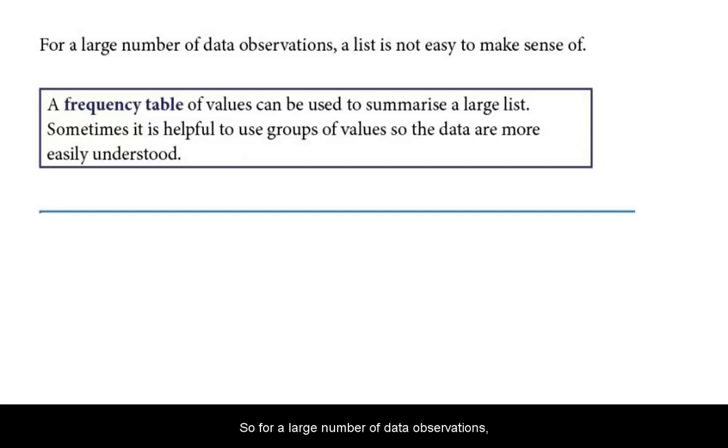For a large number of data observations, a list is not easy to make sense of. And this brings us now to the idea of a frequency table. A frequency table of values can be used to summarize a large list. Sometimes it is helpful to use groups of values so the data are more easily understood.